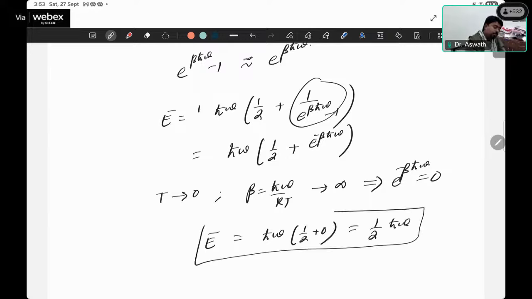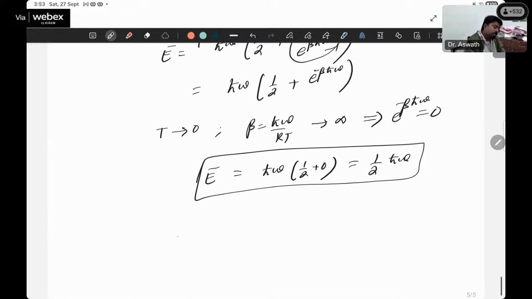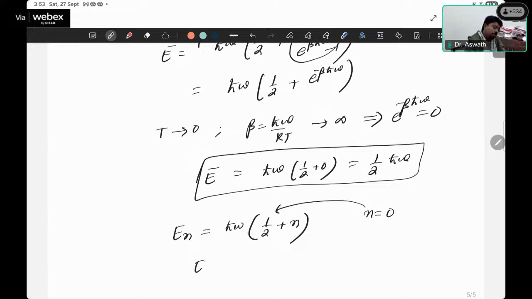So what is this? This is the energy when n equal to 0 in n plus half. E of 0 is h omega by 2. It's a zero-point energy.